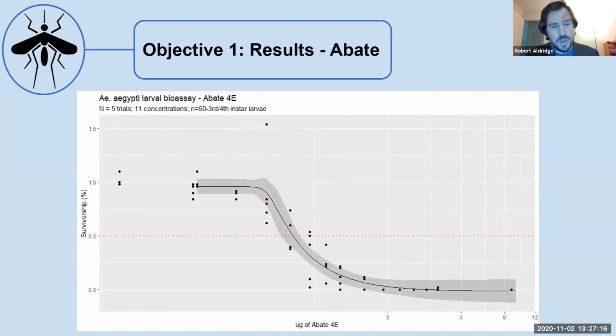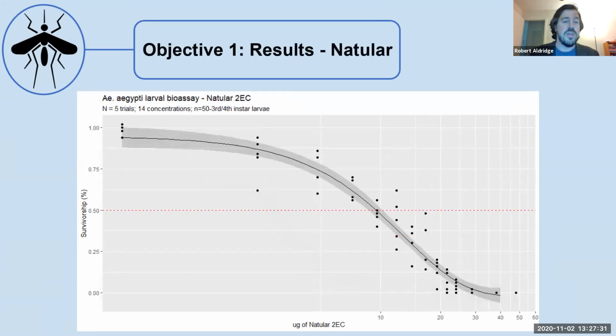Abate, like I said, is an organophosphate, so that acts on disrupting the axon channels. So I should say the sodium channels of the nerve.